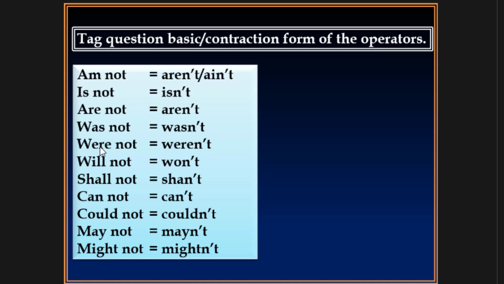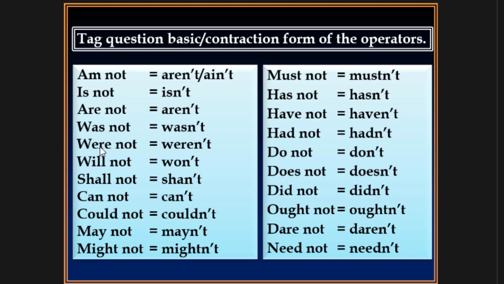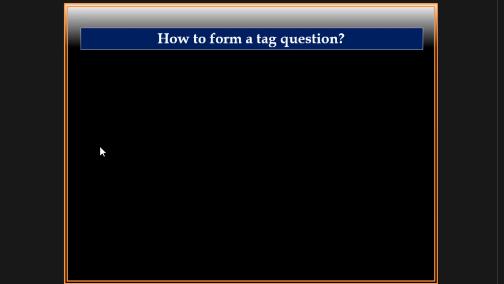Is not, isn't; are not, aren't; was not, wasn't; were not, weren't; will not, won't; shall not, shan't; cannot, can't; could not, couldn't; may not, mayn't; might not, mightn't; must not, mustn't; has not, hasn't; have not, haven't; had not, hadn't; do not, don't; does not, doesn't; did not, didn't; ought not, oughtn't; dare not, daren't; need not, needn't.